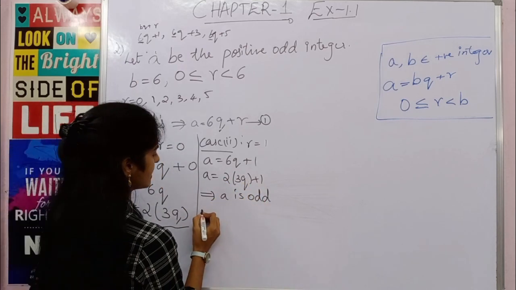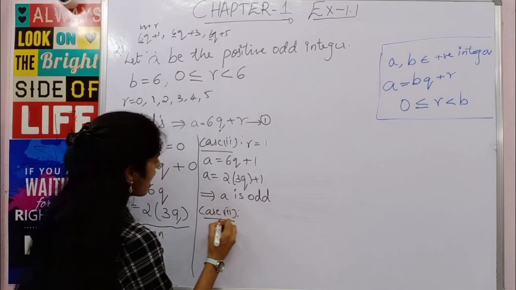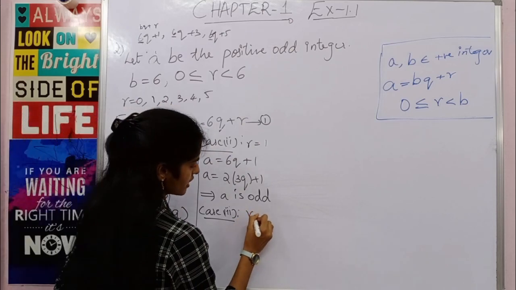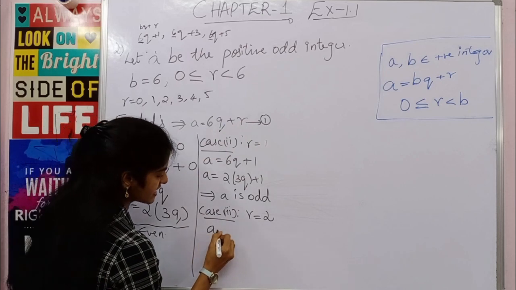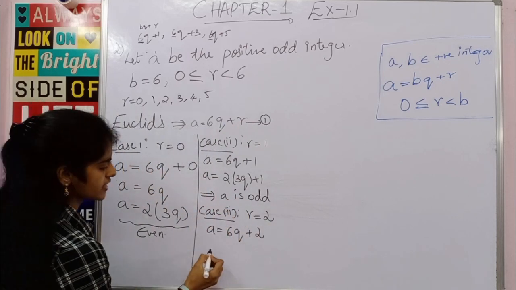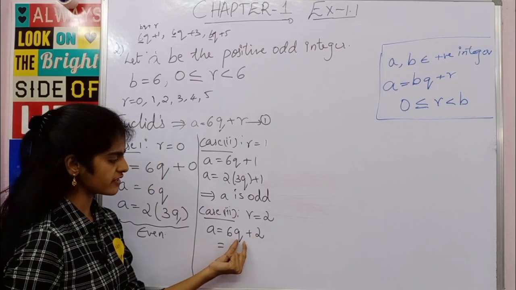Clear? Now let us take case 3. You have taken r equal to 0, r equal to 1. Now case 3 is r equal to 2. When r is equal to 2, the equation becomes a is equal to 6q plus 2. Here you can see you have 2 common from these two terms.